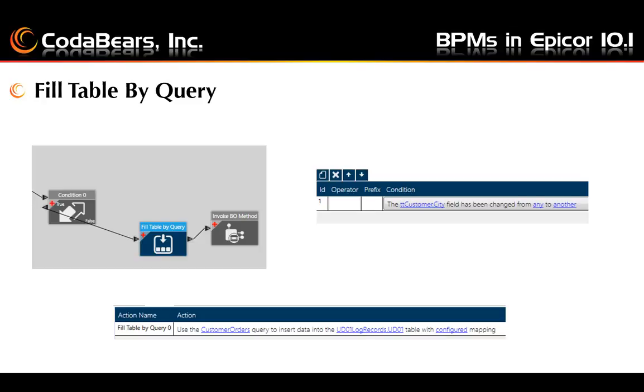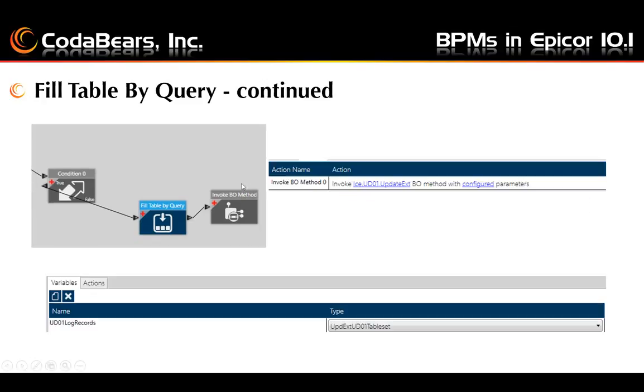The configured portion on the right hand side here allows you to map fields between the target table and the query that you designed. The invoke BO method summary is shown in this box on the right hand side. Here you would choose which business object and method you're going to use to actually update a table that's filled by your query.